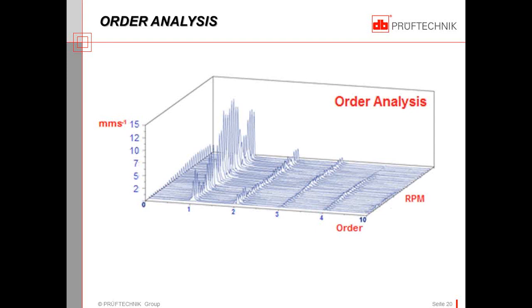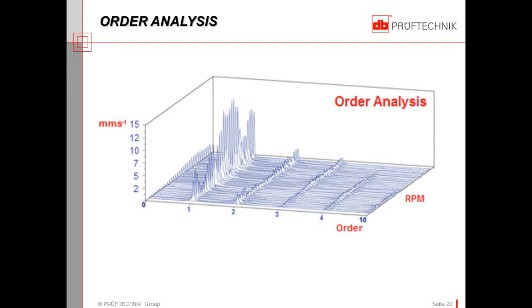And so if we look at the objective for order analysis, it's to collect data for comparison purposes from one month to the next month. That is, if you are using offline route-based data collection, that might be in 4 to 6 week intervals.